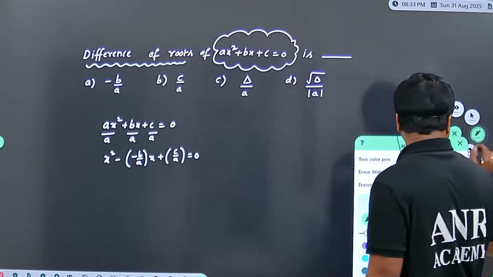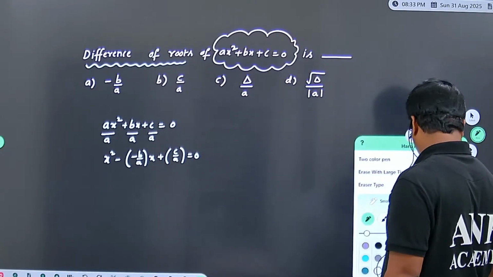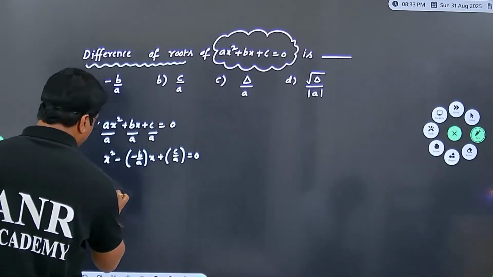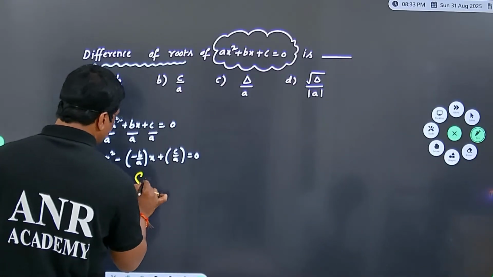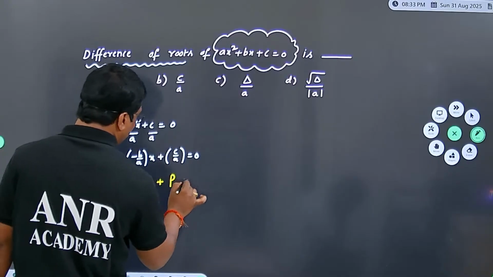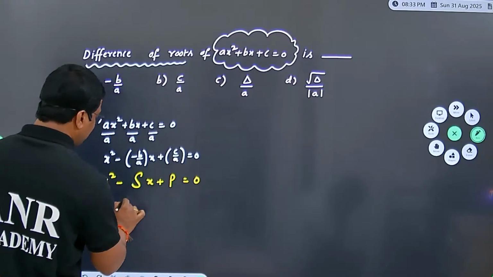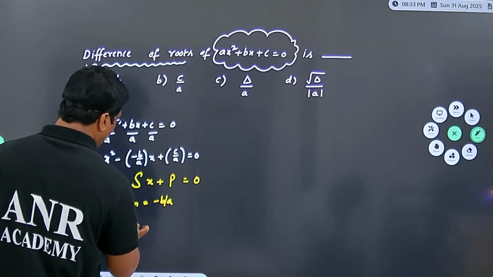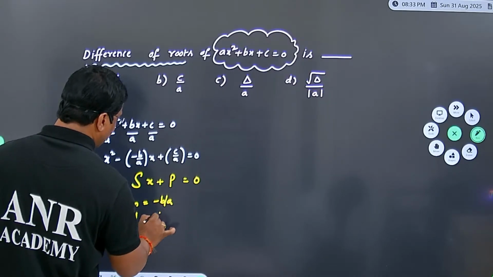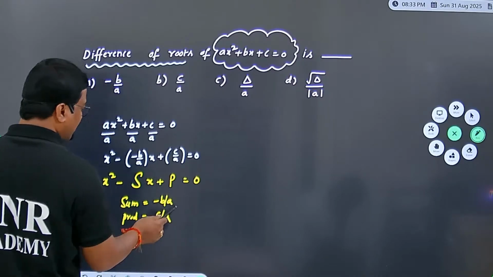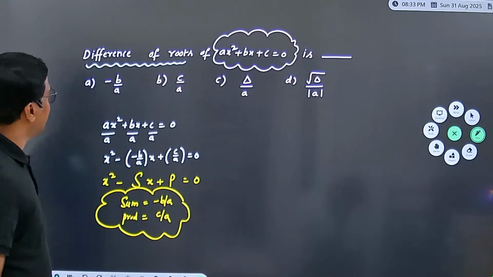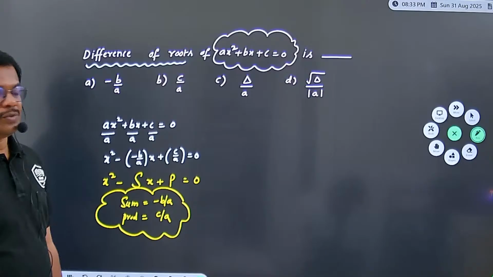It is in the standard form x square minus sx plus p equal to 0. X square minus sum of roots into x plus product of roots equal to 0. Here the sum of roots becomes minus b by a and the product of roots becomes c divided by a. You know all this. But here the question is, what is the difference of roots?